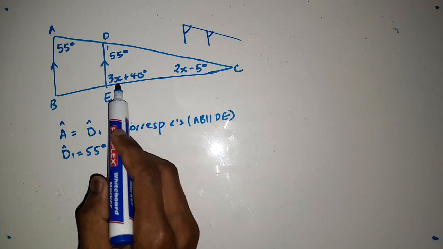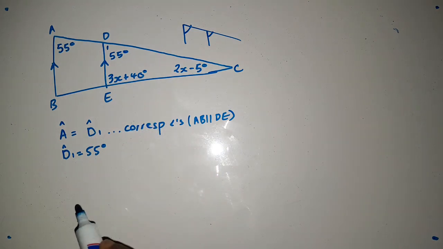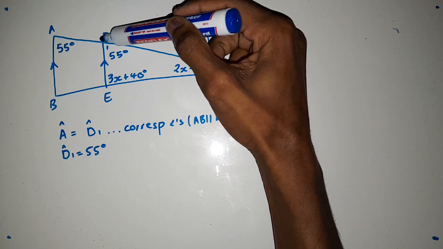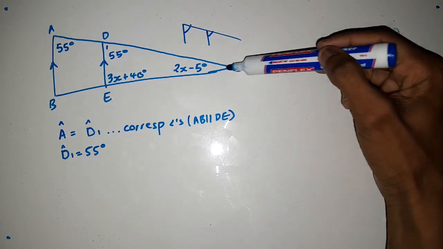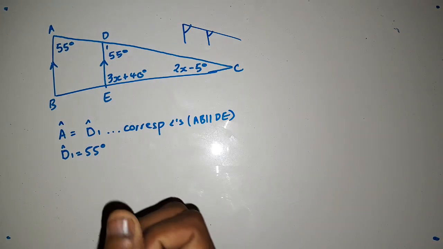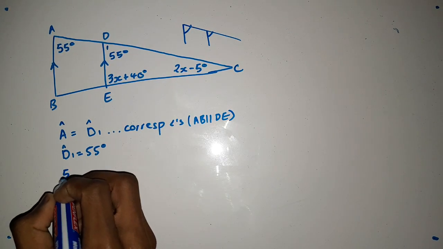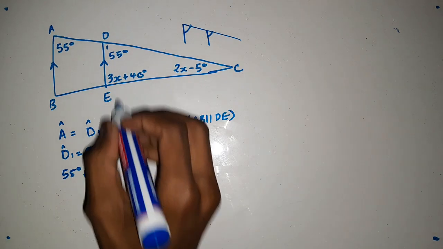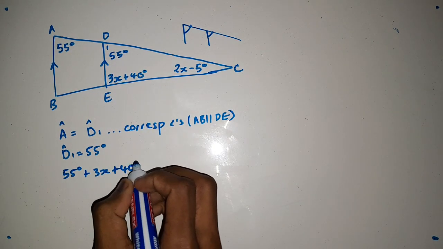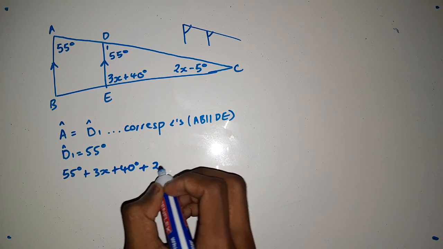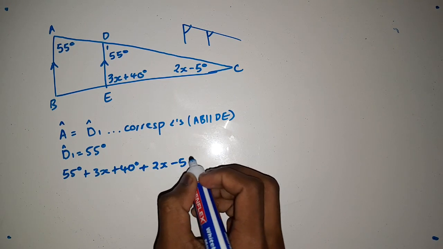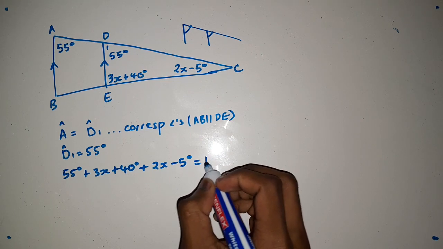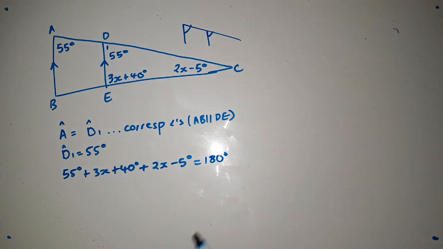They want us to figure out the value of x. At this point, we can then say now we have a triangle. Now we have this triangle D, E, and C like this. Let us add everything inside there. We have 55 degrees plus 3x plus 40 plus 2x minus 5 degrees, and equate this to 180 degrees.